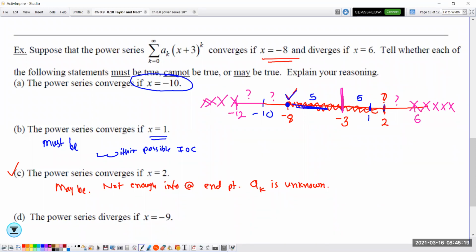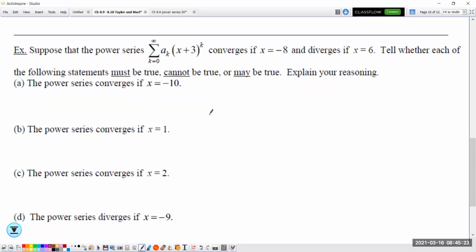Let me make a nicer picture, guys. If you use a different color, then you can say -8 and 2. I'm 100% sure this is the good part. This is good. I don't know here.